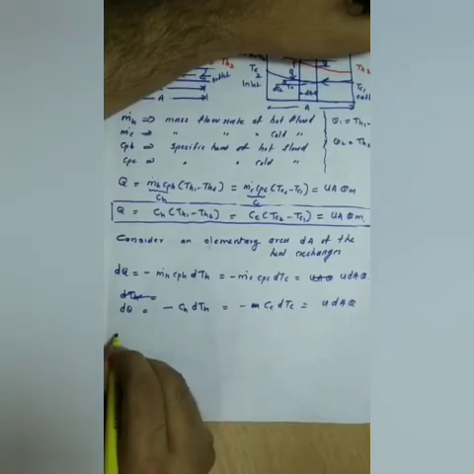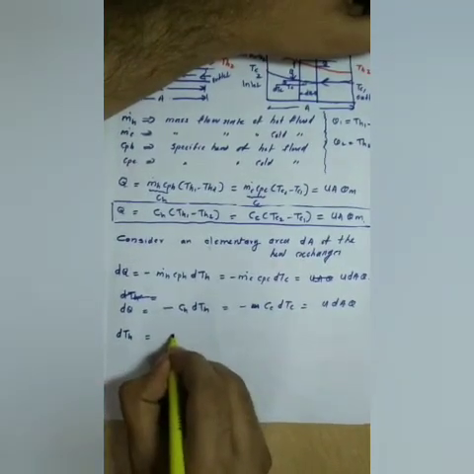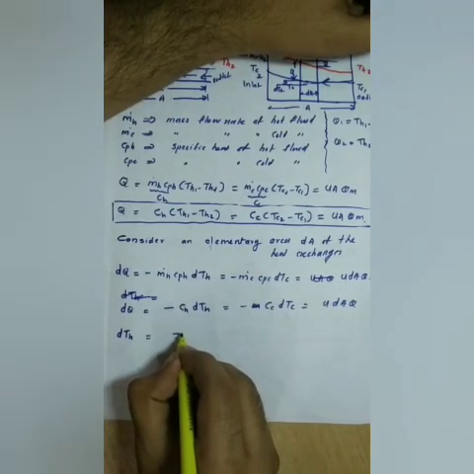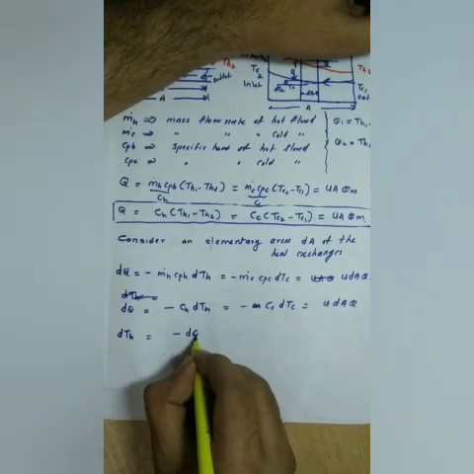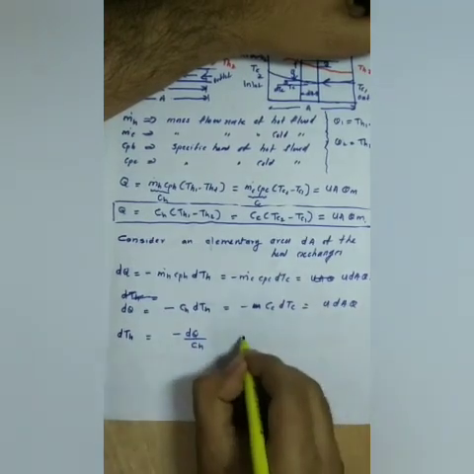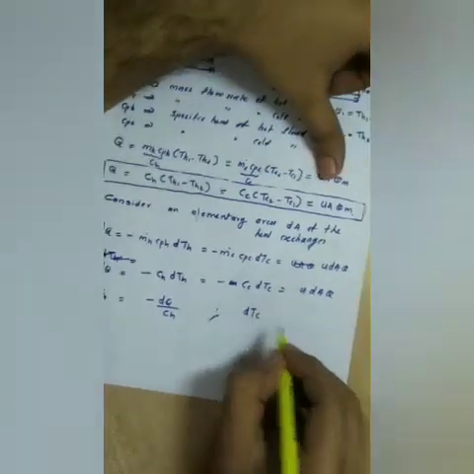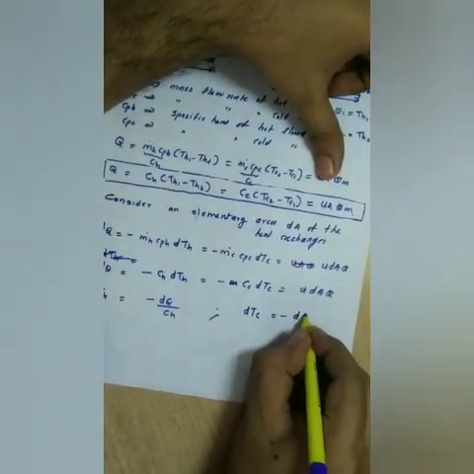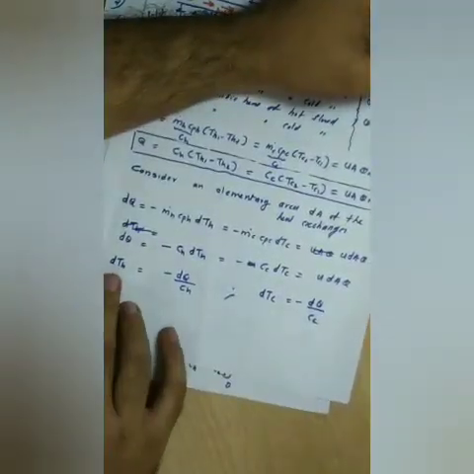Now I can write dTh as minus dq by Ch and dTc as minus dq by Cc.